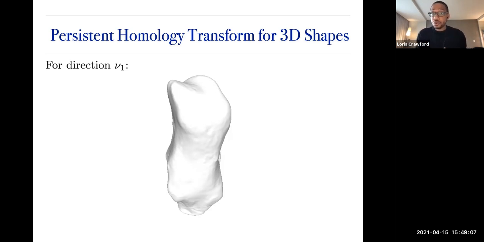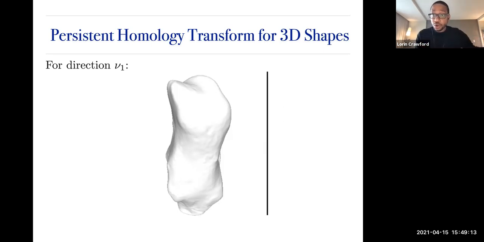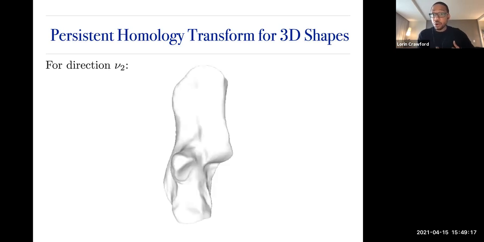Okay. So what we do is we define a height filtration function. I have a direction nu. I sweep over it, take that diagram, and save it. I rotate the object, do the same thing again, take that diagram, save it, and I do this over many directions of the unit sphere. So now my persistent homology transform is a collection of persistence diagrams that describe the geometry and topology of a shape.